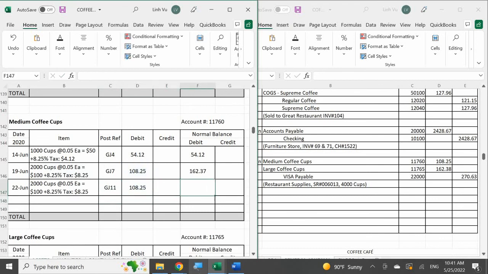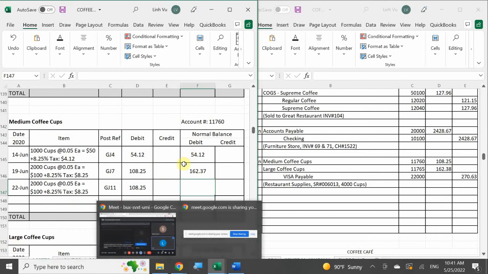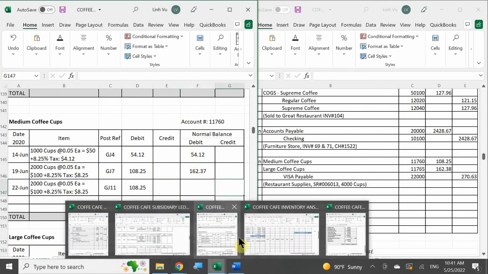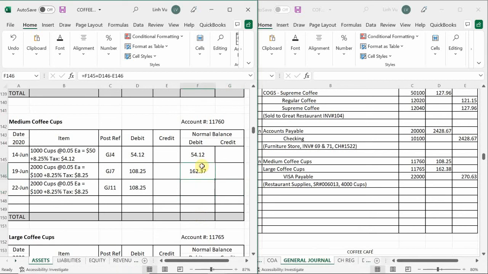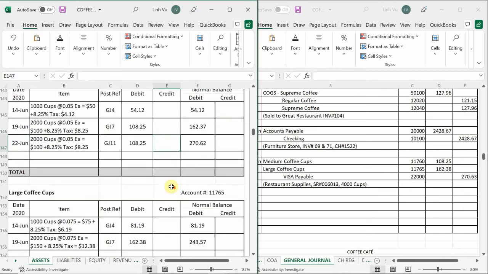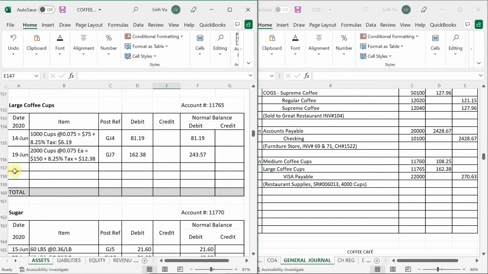So this time, what's my ending balance? Because I increased it by another $108.25, I'm at 270.62. I also need to update my large coffees because I also purchased 2,000 of them plus my tax.